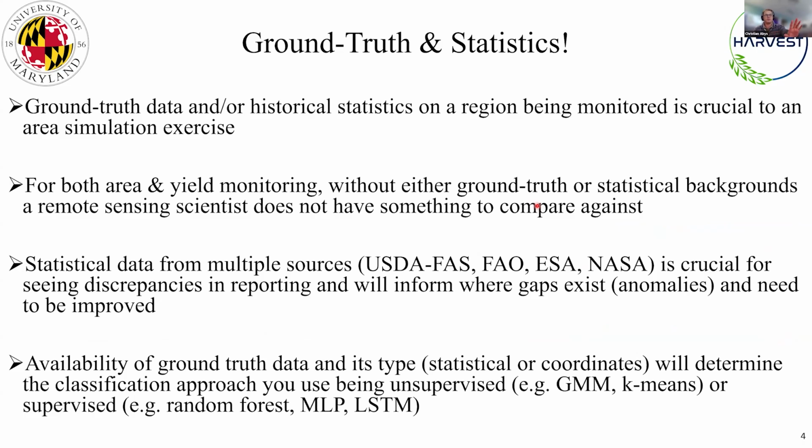All right, so first thing I want to get into, and I'm gonna kind of be a hardo about this one. For the people here who are listening, who are researchers, who are wanting to get into remote sensing of agriculture, or if they do in the private side as well, one of the single most important things about remote sensing is ground truth and statistics, and they can be used either or interchangeably.